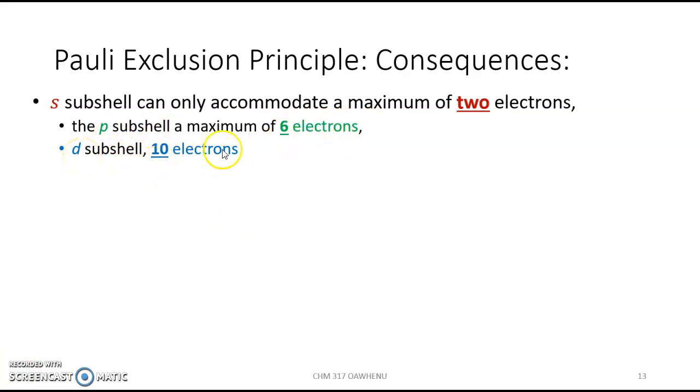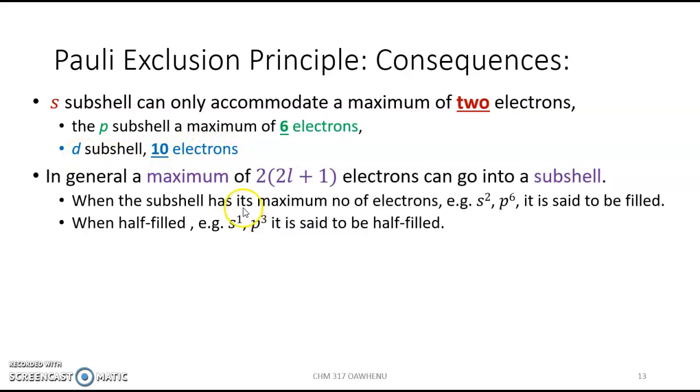D has 5 orbitals within it, so there are a maximum of 10 electrons. So the general formula for the number of electrons that can go into a subshell, characterized by the orbital quantum number L, is 2 times (2L plus 1).